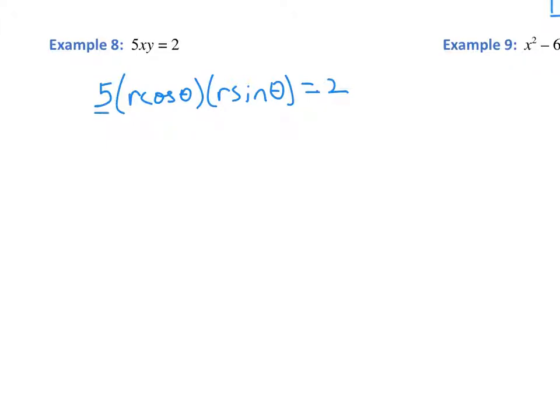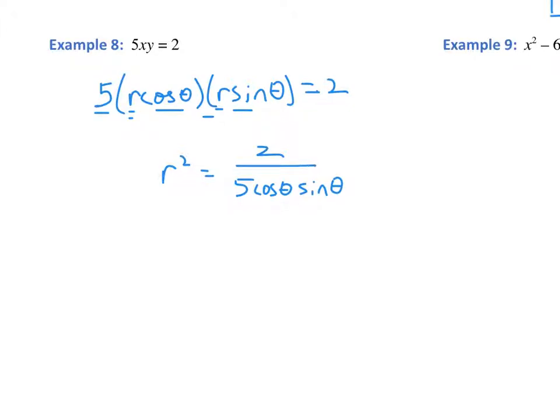Do you see that 5 is multiplying by r, which is multiplying by cosine, which is multiplying by r, which is multiplying by sine? So if they're all multiplying, what can we divide by? 5 cosine theta sine theta. And if we do that, what are we left with? R squared. 2 r's. R times r, which is r squared. You're correct. And then equal to 2 divided by 5 cosine theta sine theta.